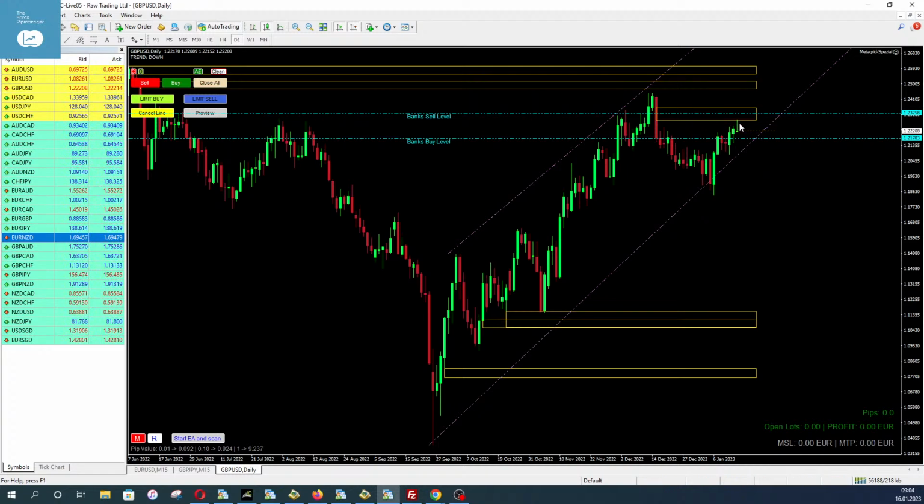And this is what we want to see on the supply and demand zones. If we get such a perfect reaction, then we should go for a trade, in this case a sell trade.